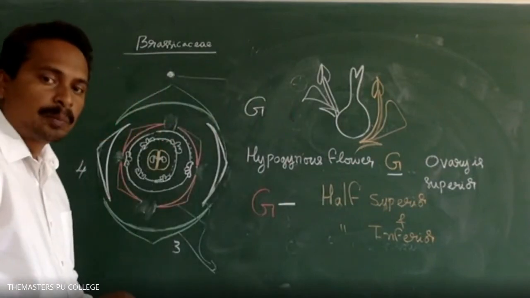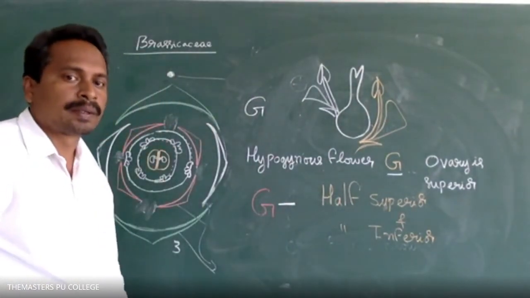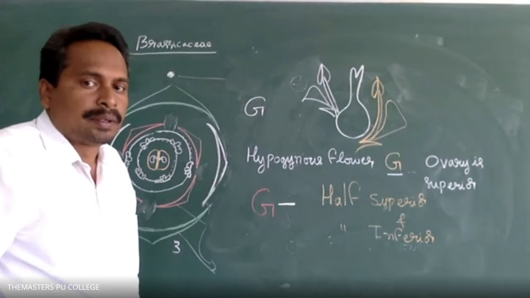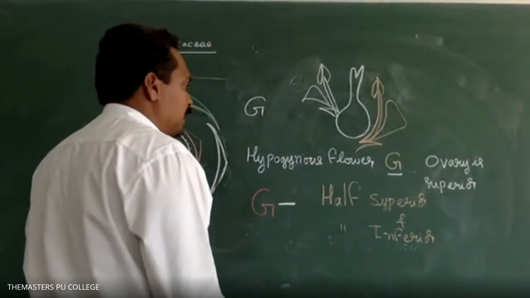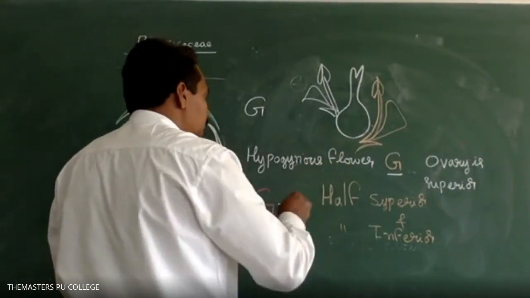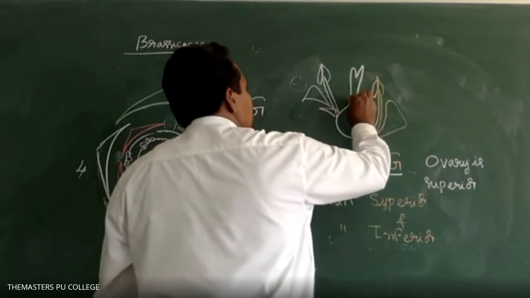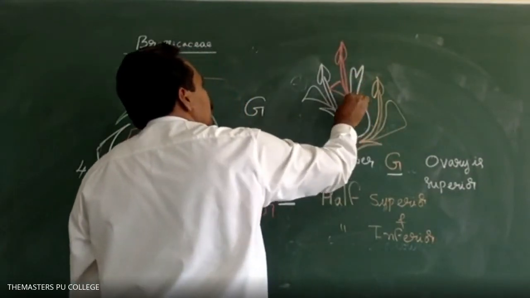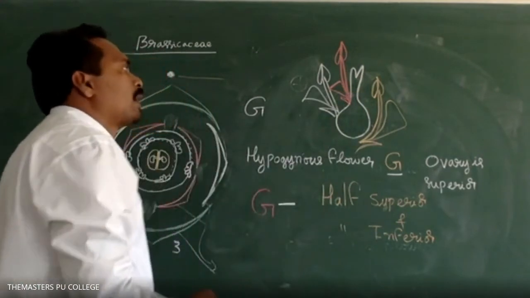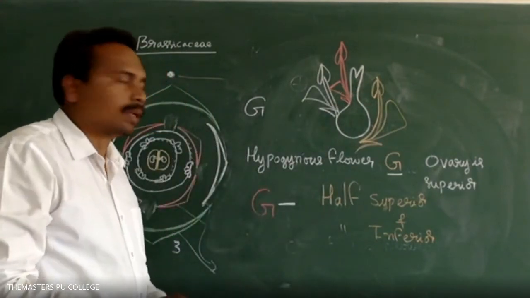Right. In epigynous flowers, the ovary is inferior. In epigynous flowers, the stamens, petals, and sepals are arranged from above the ovary.